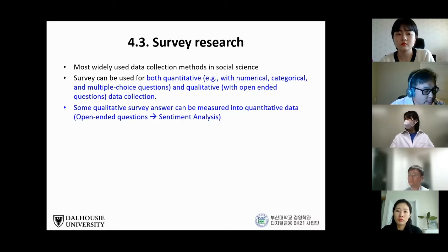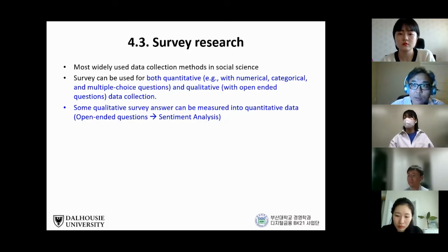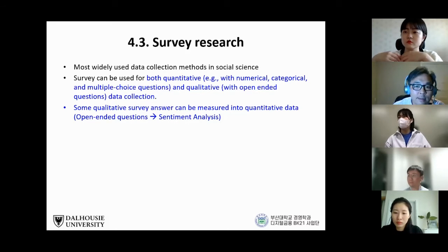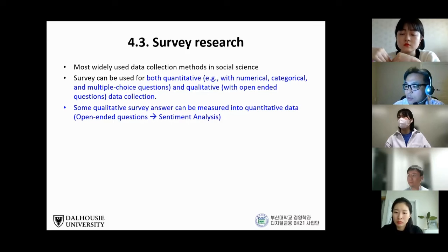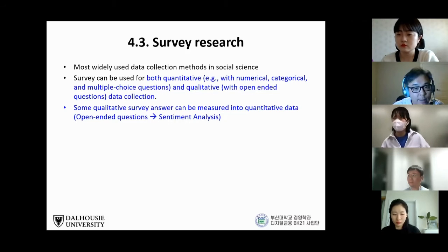I have seen recently some research add more open-ended questions to let the survey respondents type what they feel about those things, and then they do text analytics and sentiment analysis, and code it into numerical data and then do quantitative research. That's one way to do that.